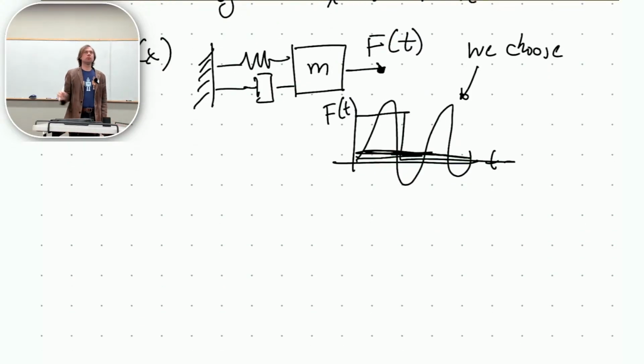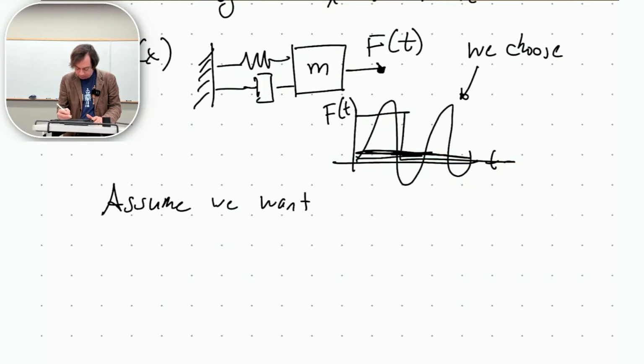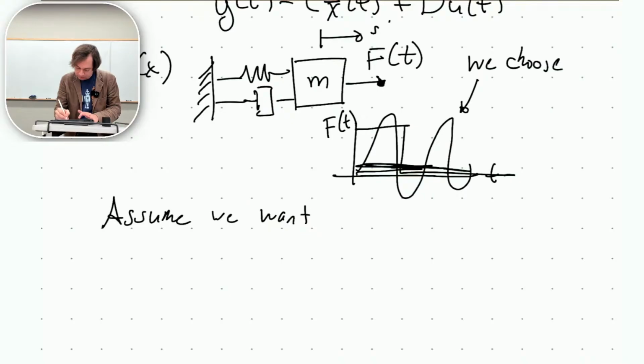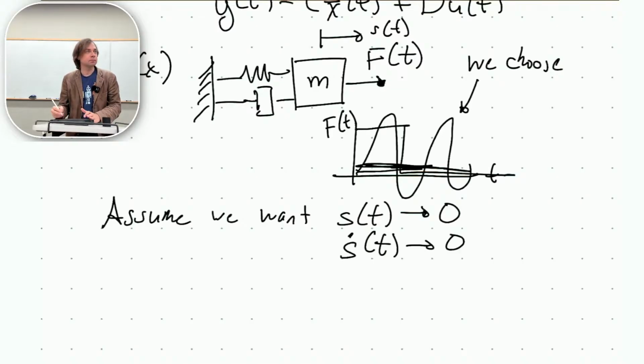However, people who took Controls 1 know there's a couple of good choices that you can make as the type of control that you want. Let's just assume we want our position, which we called s of t, to go to 0, and the velocity, s dot of t, to go to 0.